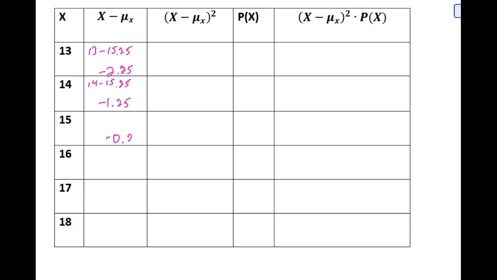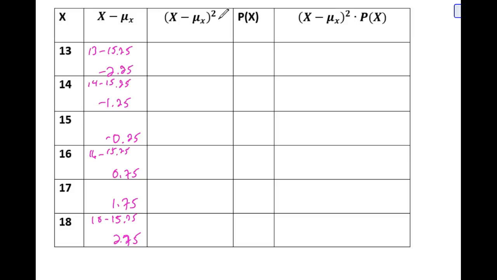This will give me negative 0.25. 16 minus 15.25 will give me a positive 0.75. This will give me 1.75. And 18 minus 15.25 will give me 2.75.